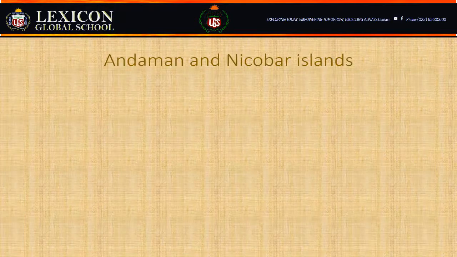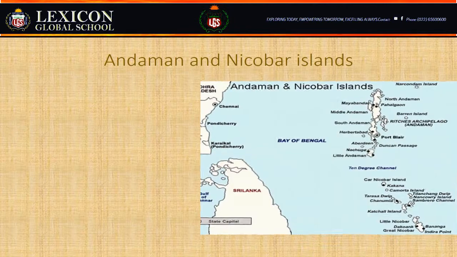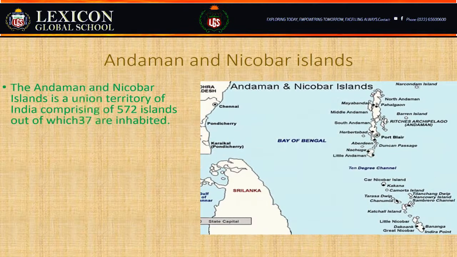The last subtopic for us today is Andaman and Nicobar Islands. They are the Bay of Bengal Islands. Andaman and Nicobar Island is a union territory of India and it comprises 572 islands, out of which only 37 are inhabited.